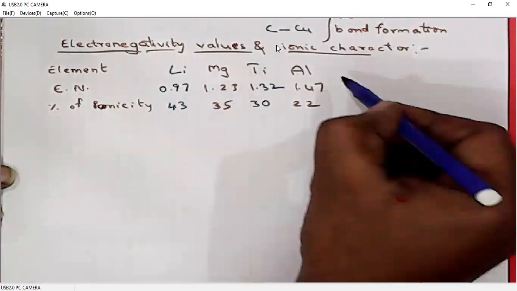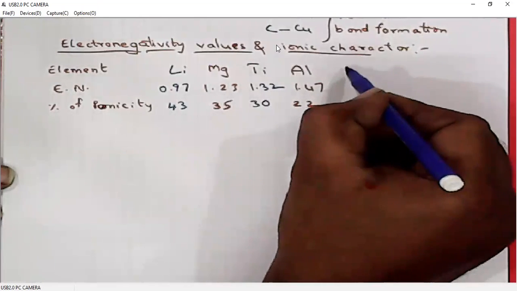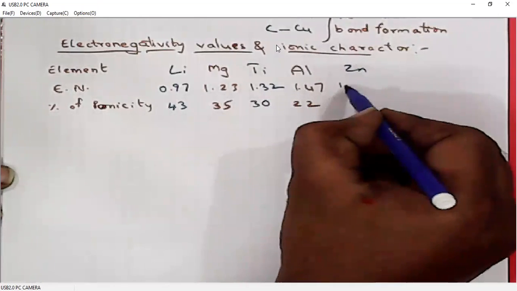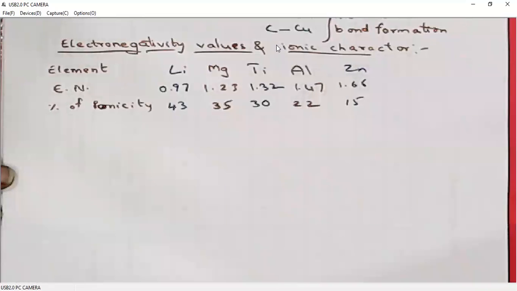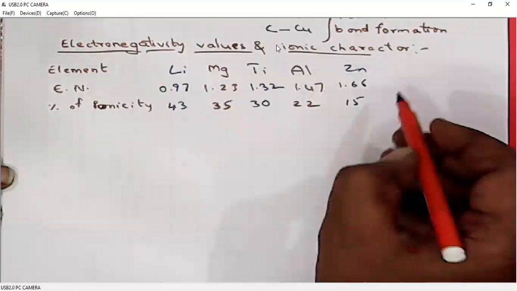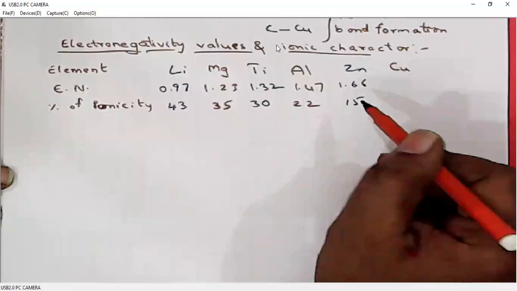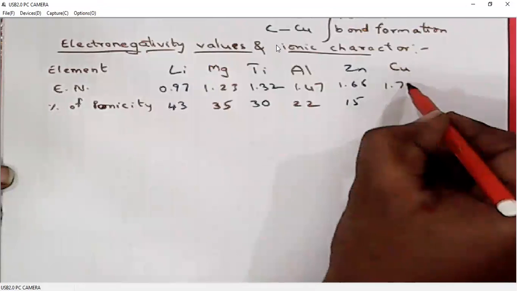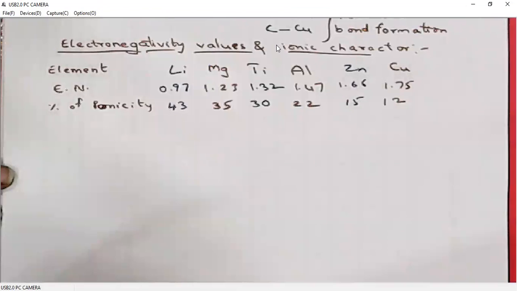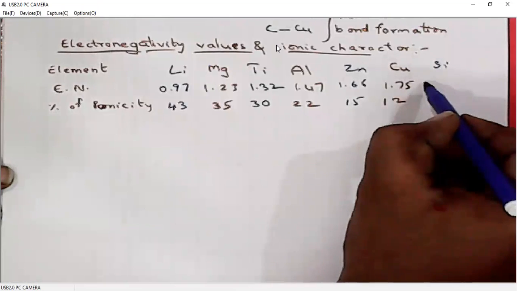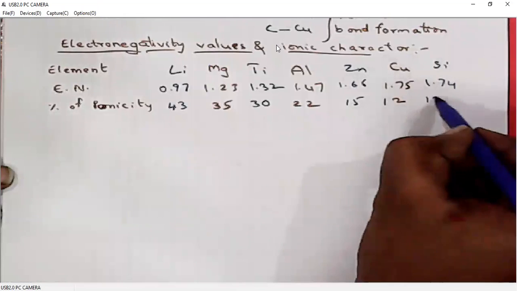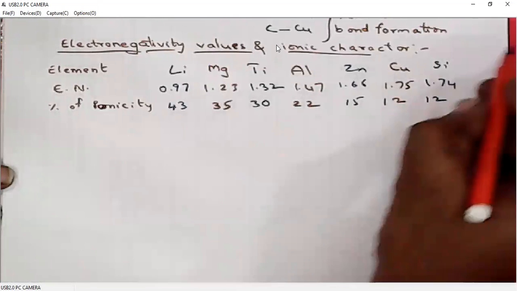So the carbon-aluminum bond is 22% ionic in nature. The carbon-zinc bond is 15% ionic in nature. The carbon-copper bond is 12% ionic in nature. Similarly, the carbon-silicon bond is 12% ionic in nature.